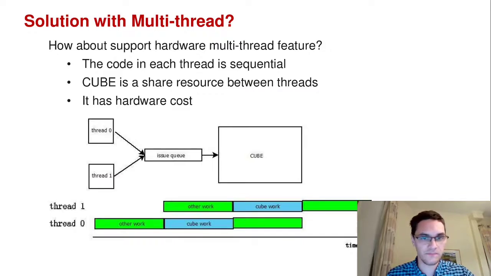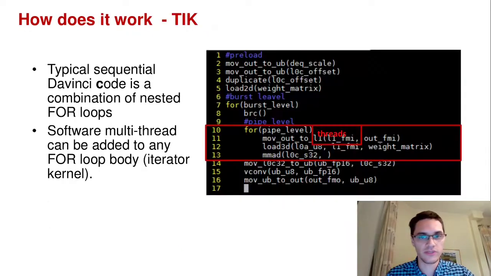However, threads are quite expensive to manage in hardware. This means that there was a need to find a better approach, and a better approach is software multi-threading, which allows to interleave the operations in the source code, so that they are executed on different units.